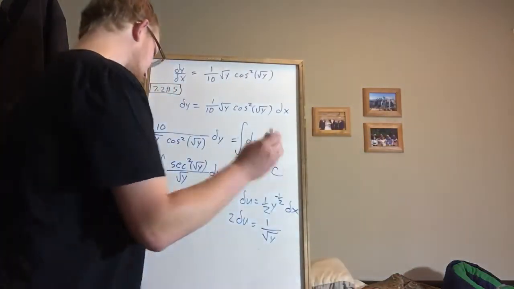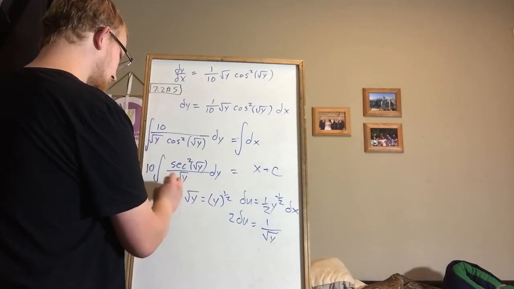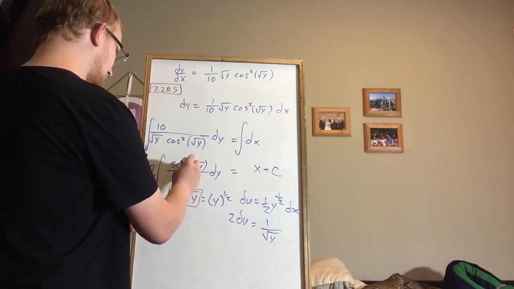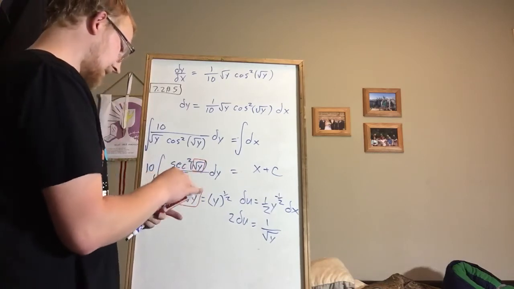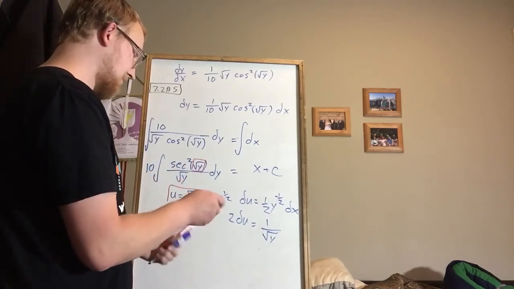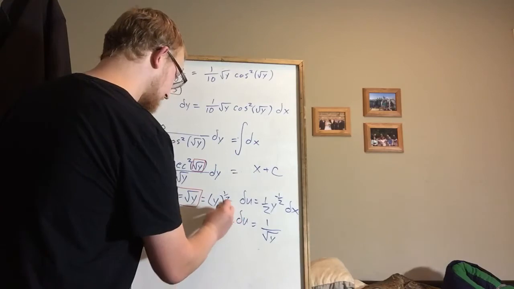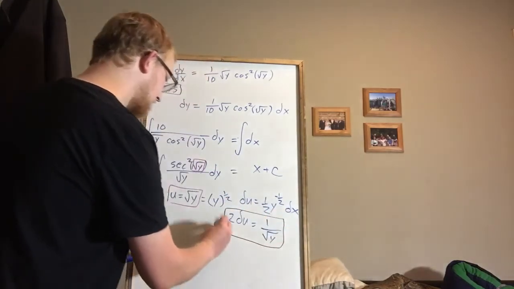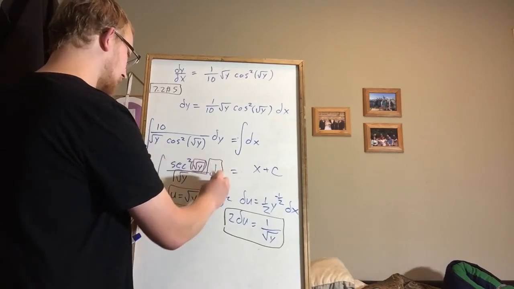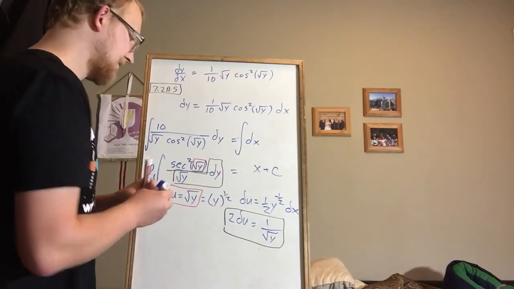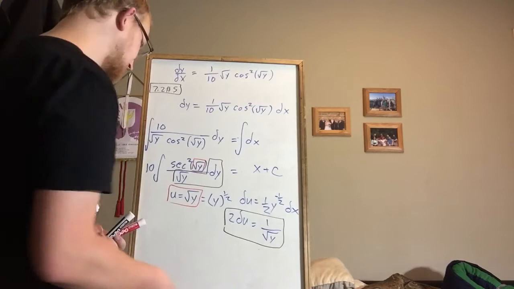So now we've got our u is square root of y, so u is going to take care of that guy. And then for our 2du rather, 2du is equal to 1 over square root of y dy. So we've done a proper substitution.